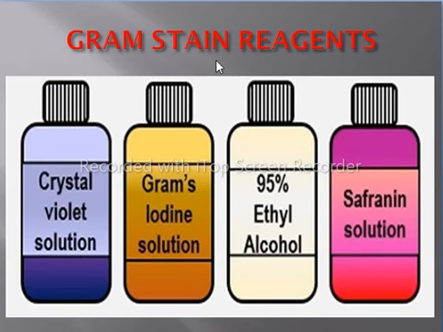For the Gram staining procedure, we have four types of dyes known as Gram stain reagents. These reagents include crystal violet solution, Gram's iodine solution, ethyl alcohol 95%, and safranin dye.